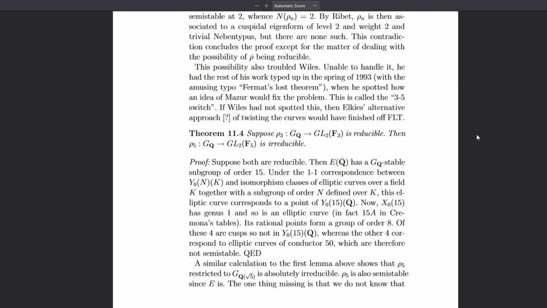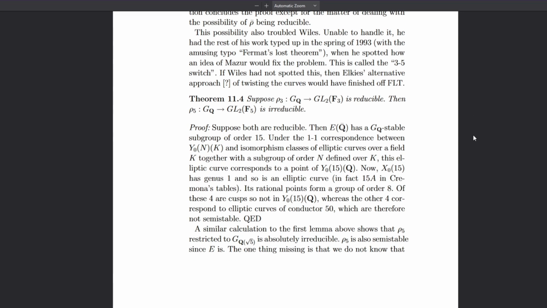Under the one-to-one correspondence between Y_0(n) of K and isomorphism classes of elliptic curves over a field K together with a subgroup of order n defined over K, this elliptic curve corresponds to a point of Y_0(15)(Q). Now, X_0(15) has genus 1 and so is an elliptic curve. In fact, it is 15a in Cremona's tables. Its rational points form a group of order 8. Of these, 4 are cusps, so not in Y_0(15)(Q), whereas the other 4 correspond to elliptic curves of conductor 50, which are therefore not semi-stable.